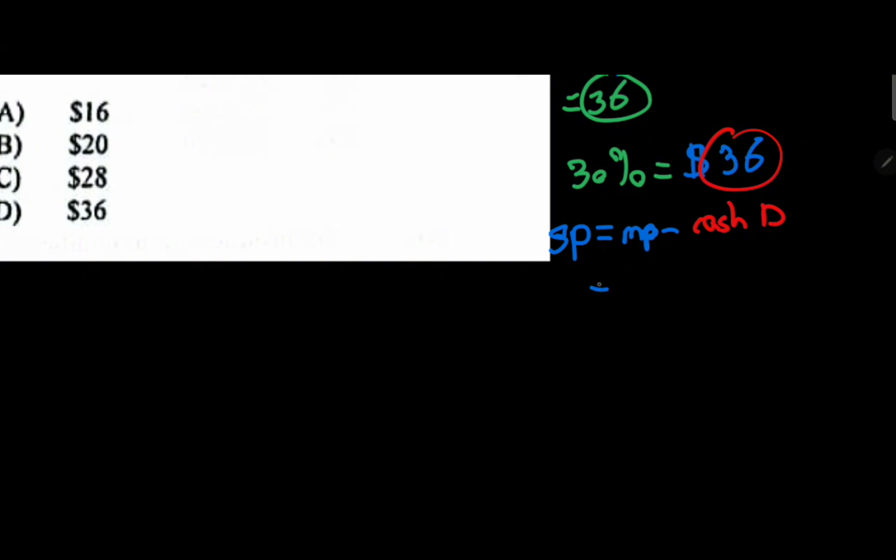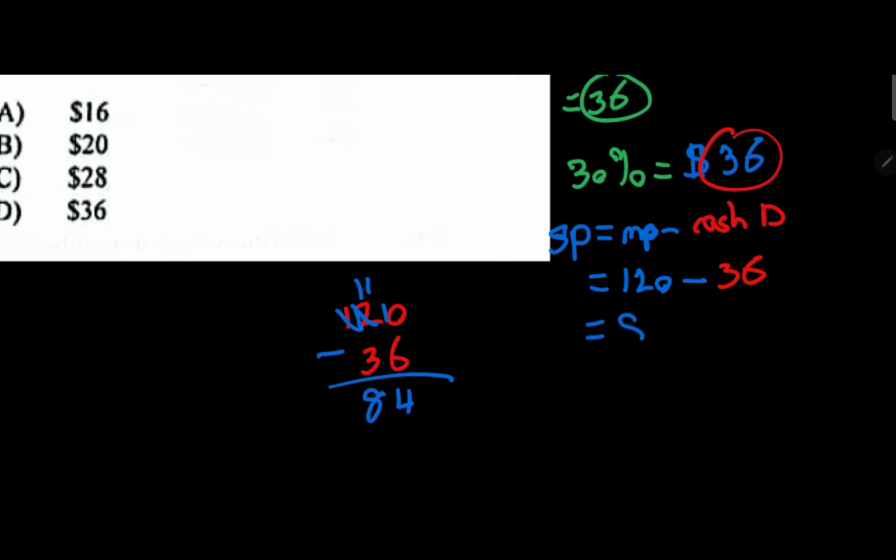So the mark price was 120 and the cash discount is 36, and this would give us what exactly? Six from 10, that's 4, and 3 from 11, that is 8. So that gives us $84.